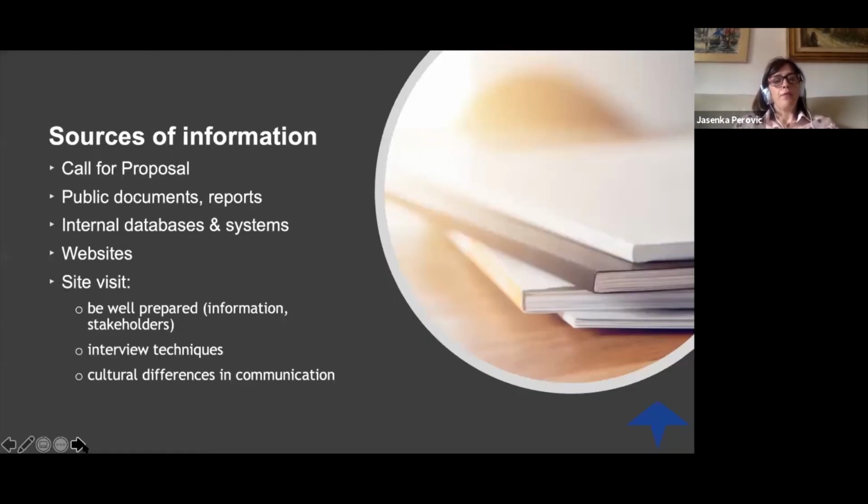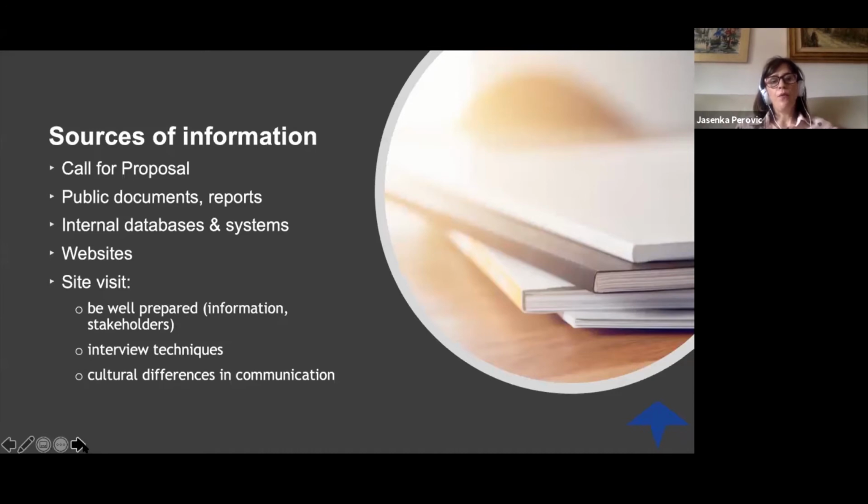So to come up with all of this information, either for the analysis, then for the logical framework, sources of verification, indicators, you have to consult some documents and sources of information. The starting point, as Cynthiana was mentioning, it's a Bible, it's your call for proposal, public documents, reports that are available.